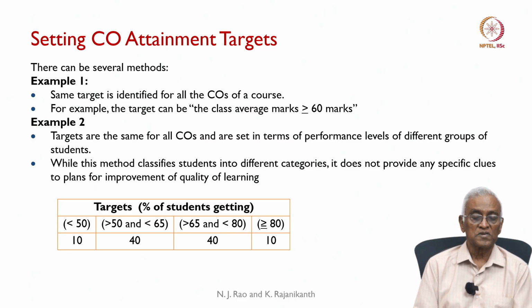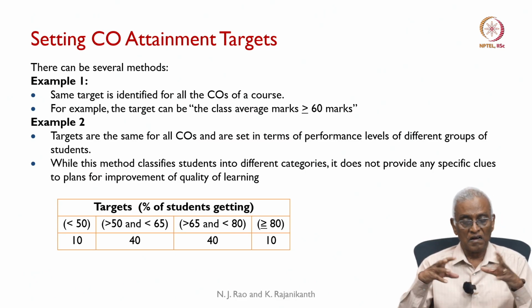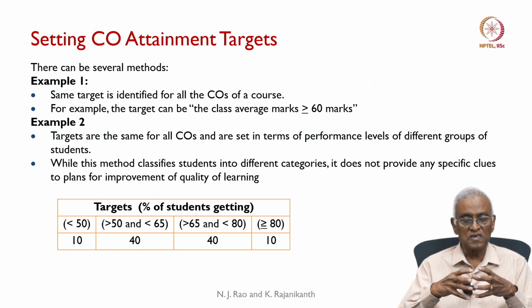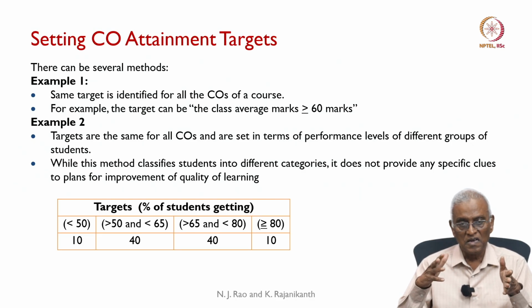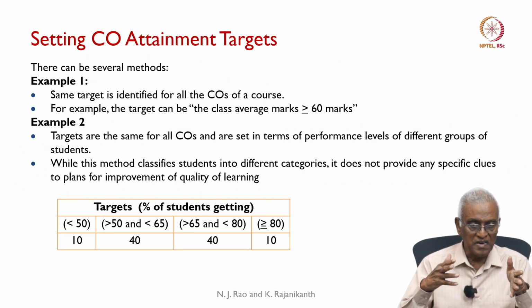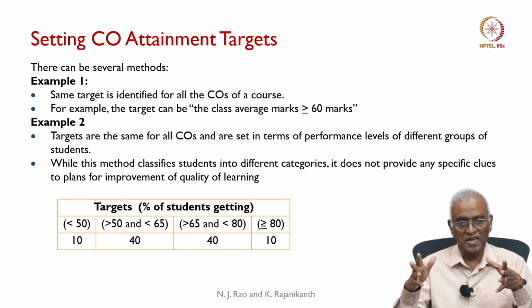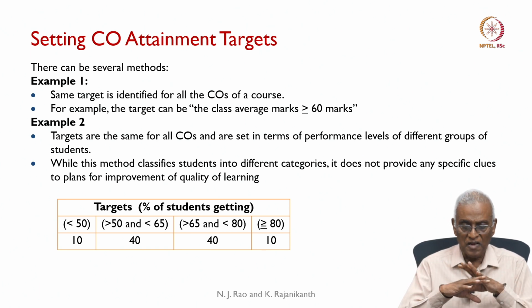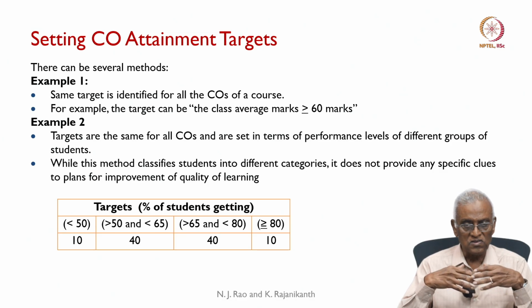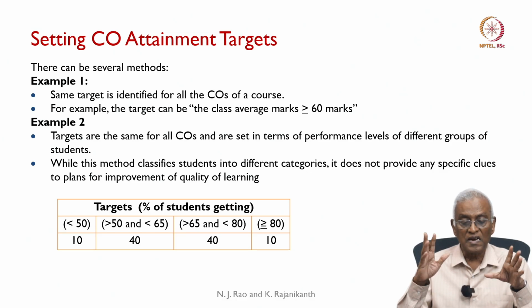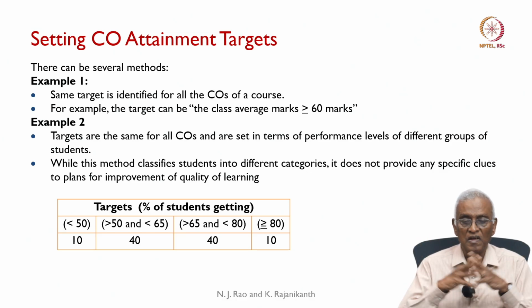I take all my students' performances and their marks, and I don't look at the details in terms of quizzes, internal exams and semester end exams. I don't differentiate, but compute the total mark and take the average across all the students, and that average should be greater than or equal to 60%.